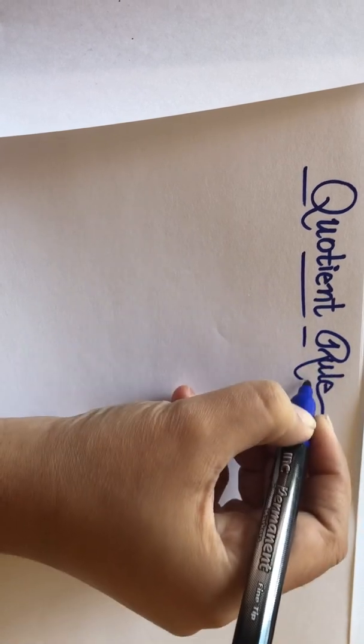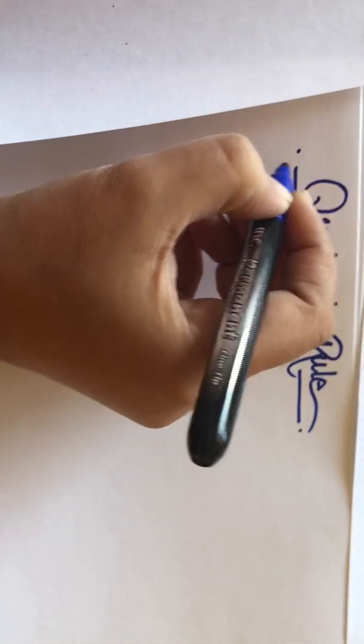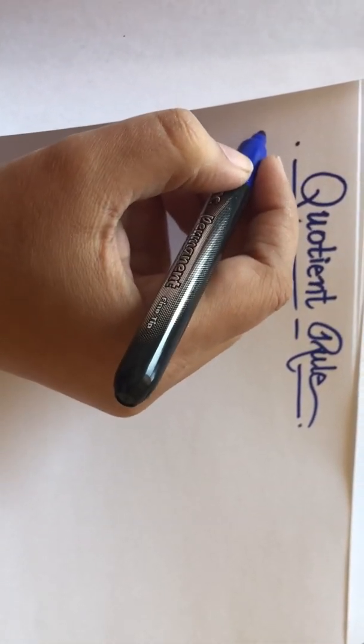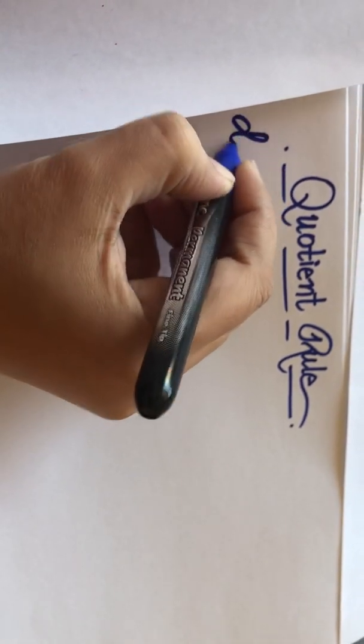So basically, the quotient rule is useful in finding the derivative of functions when the functions are in the form of a fraction.